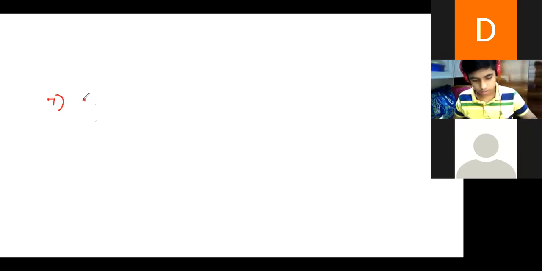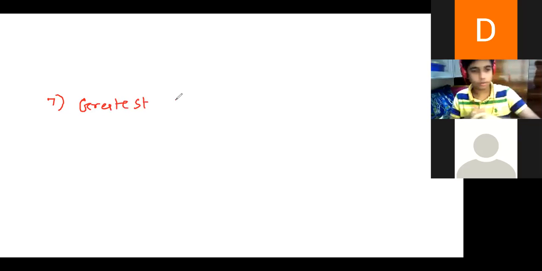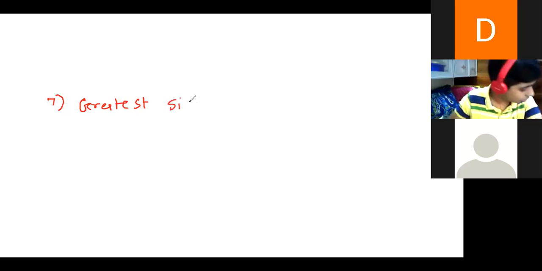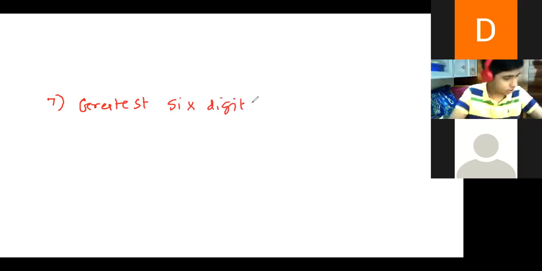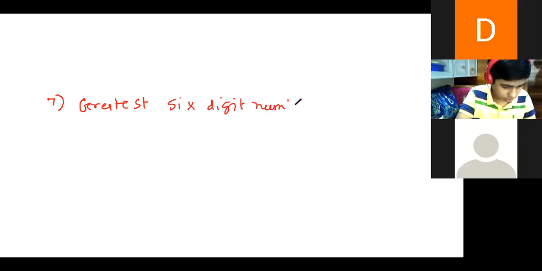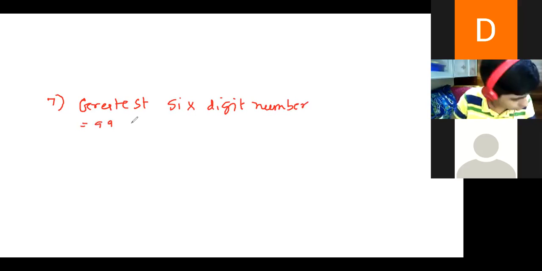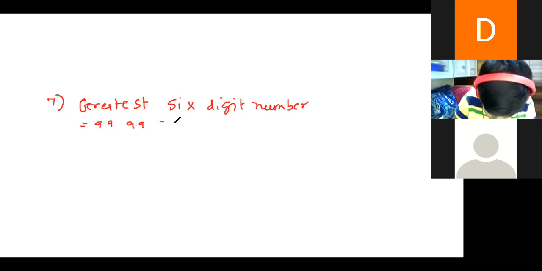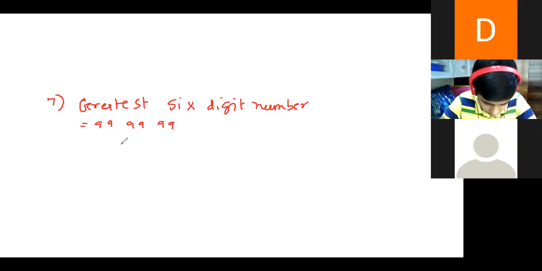Understand properly. The greatest 6-digit number is 999999, but not necessarily a perfect square. We are interested in a perfect square of 6 digits.